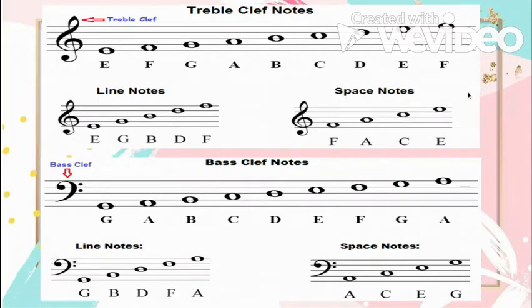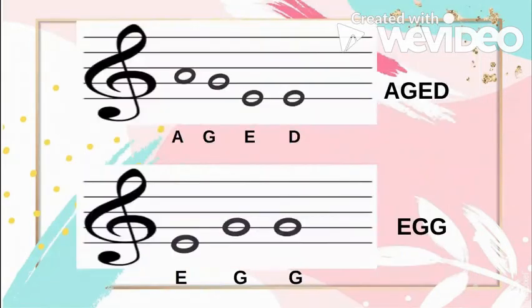Clear? Okay, so let's try to have an activity related to the SOFA syllables found in the G clef and also the notes found in the F clef.